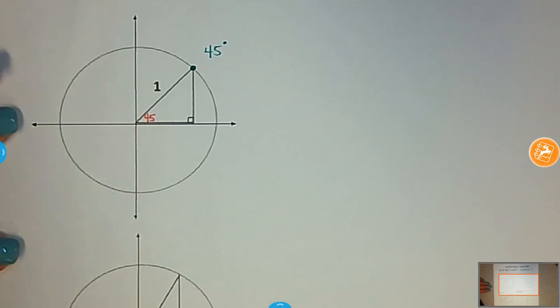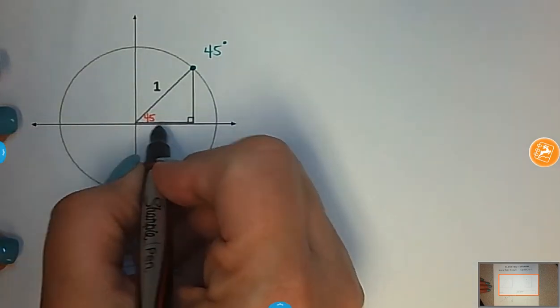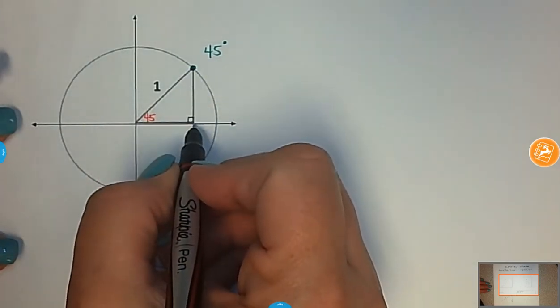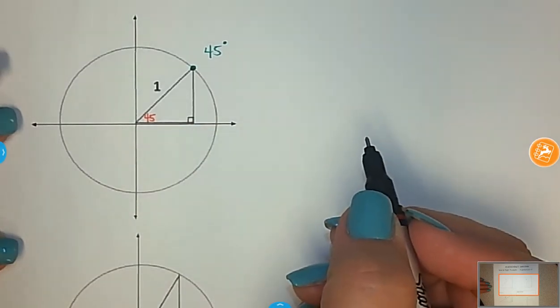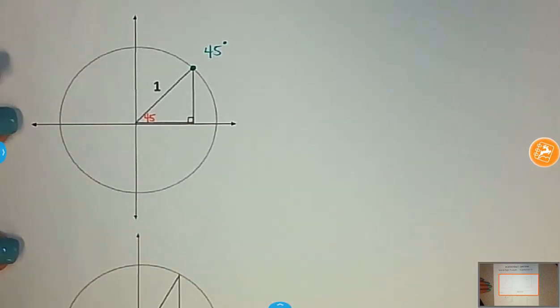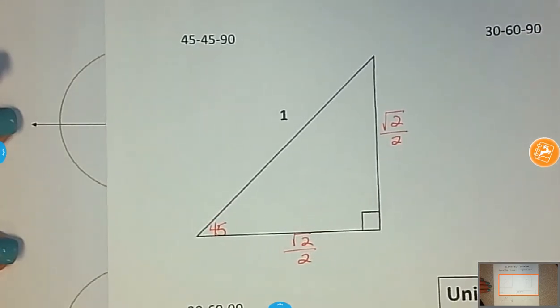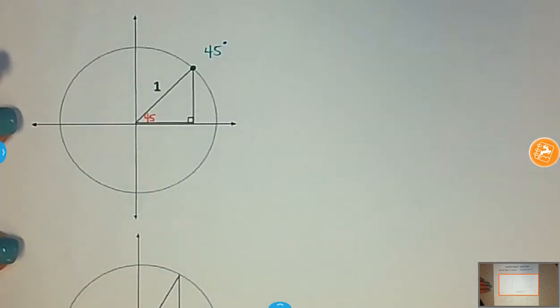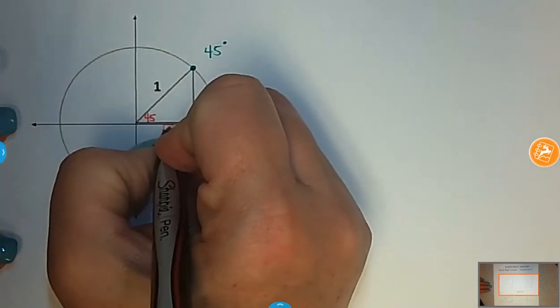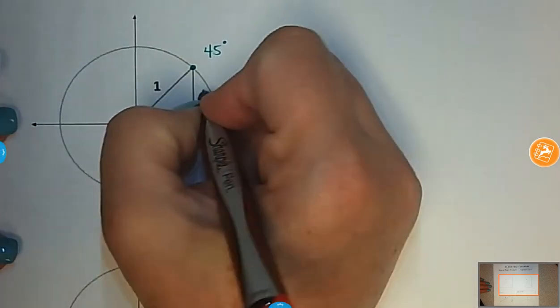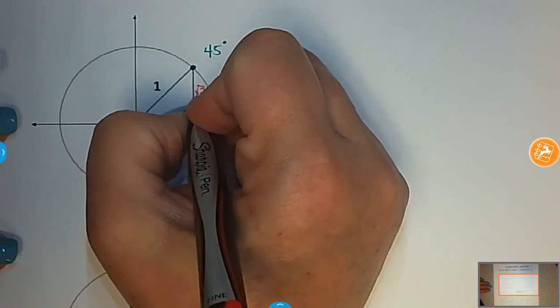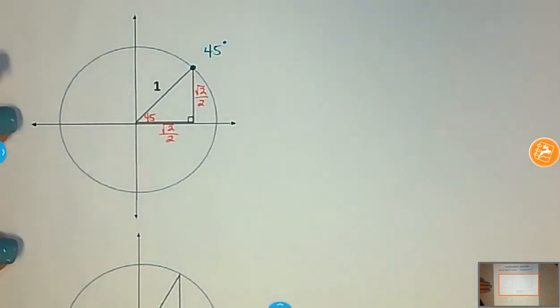Well, if you take a look and remember the side lengths for a 45, 45, 90 with radius of 1, we did that right here just a little bit ago. This side is square root of 2 over 2, and this leg is square root of 2 over 2.